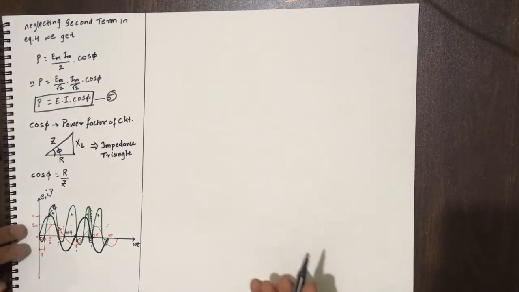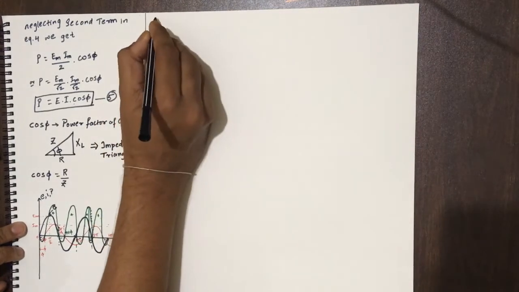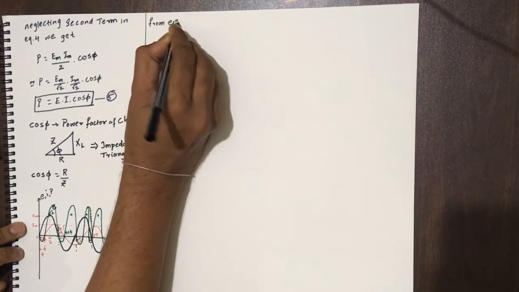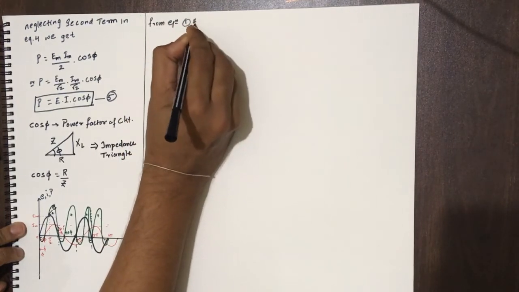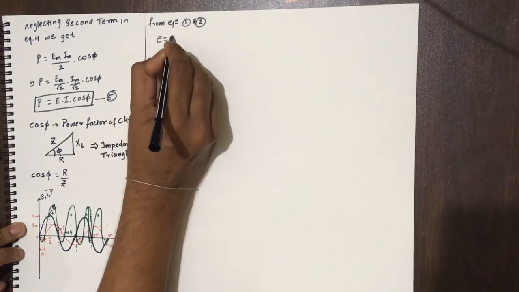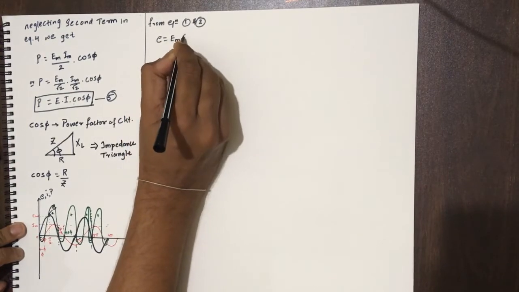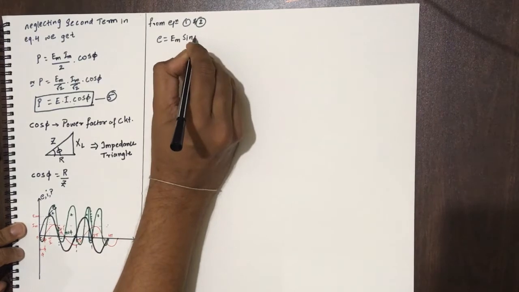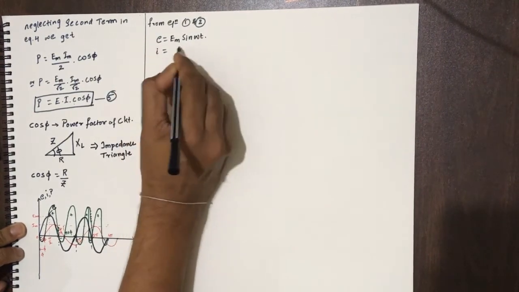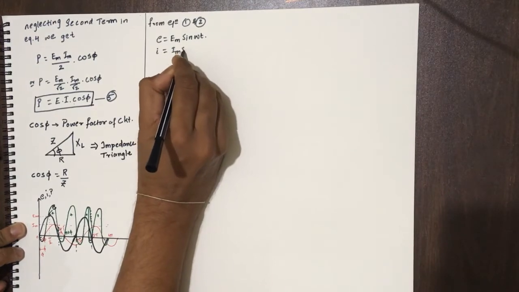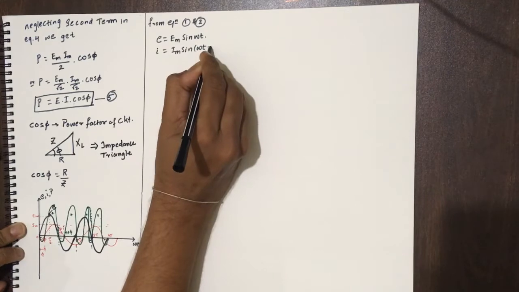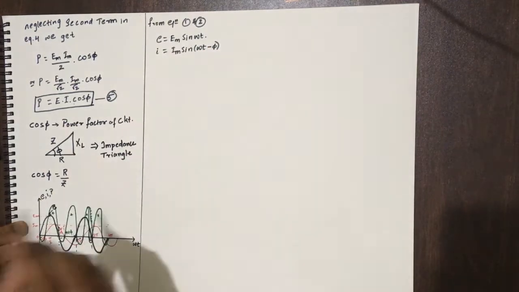Now from equation 1 and 2, I have E equals Em sin omega t and I equals Im sin (omega t minus phi).